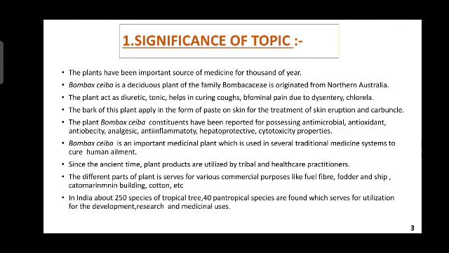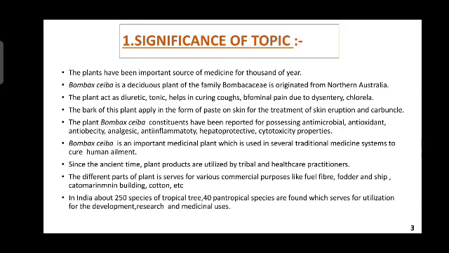or carbuncle. The constituents of the plant Bombax have been reported as possessing antimicrobial, antioxidant, anti-obesity, analgesic, anti-inflammatory, hepatoprotective, and cytotoxic properties. Bombax is an important medicinal plant which is used in several traditional medicine systems to cure human ailments. Since ancient times, plant products have been utilized by tribal and healthcare practitioners.